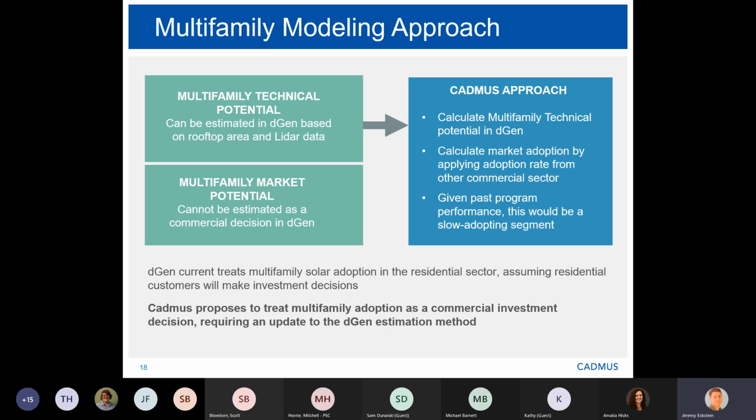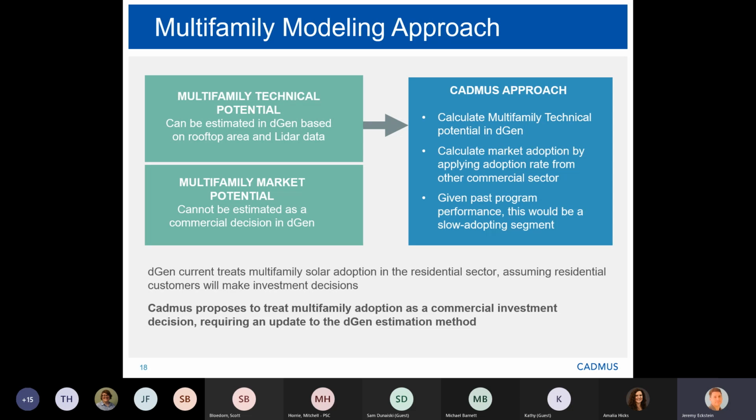That's one way to get around the constraint that we do have. As I mentioned, the model is currently set up to look at the decision points in a different way than how we believe it would be made. So that's essentially our proposal.